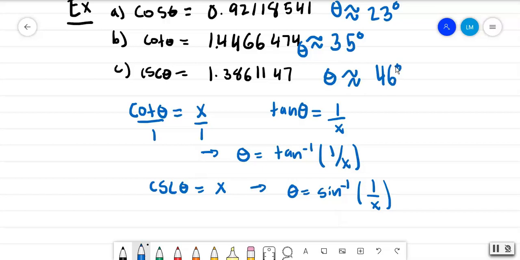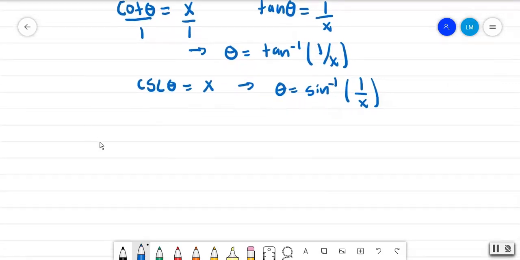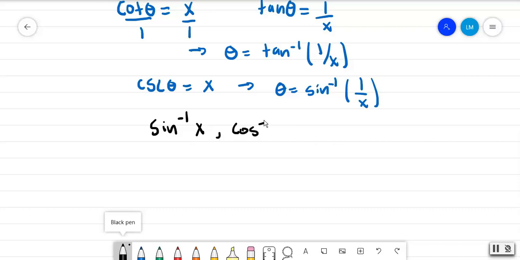Okay, so one thing to understand about what exactly you're doing right now with your approximations is that you're just using these functions, the sine inverse of x, the cosine inverse of x, and the tangent inverse of x.